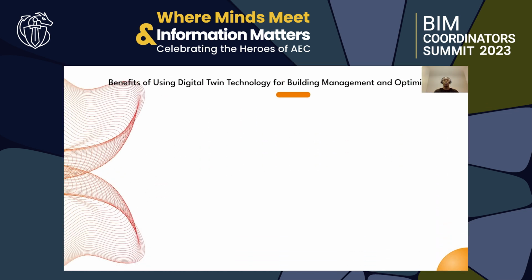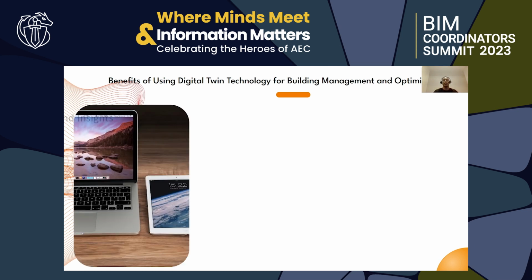Now, this leads us to the benefits of using digital twin technology for building management and optimization. The first benefit that we are going to be looking at here is called real-time monitoring and insights. There's a need for us to understand the importance of real-time monitoring, because digital twin technology enables continuous real-time monitoring of buildings, such as the temperature, humidity, occupancy, and energy consumption.